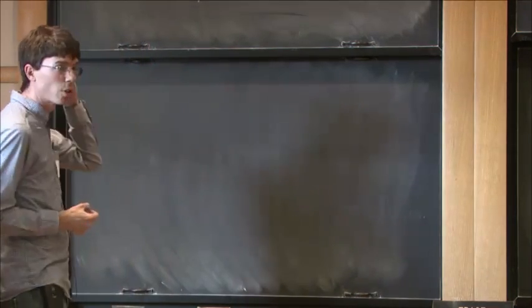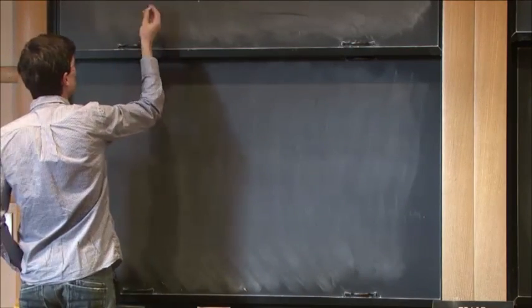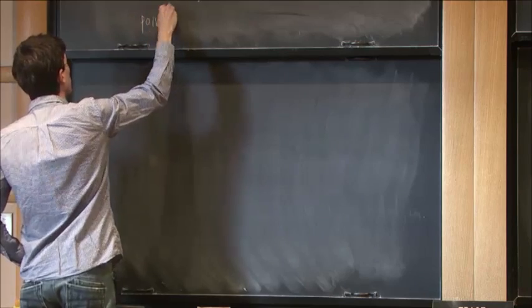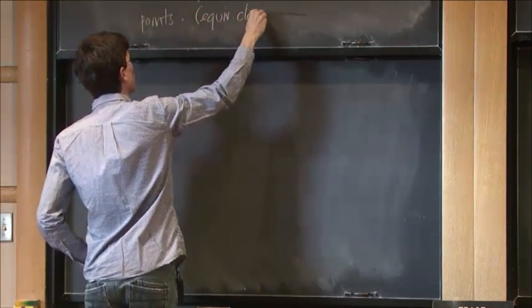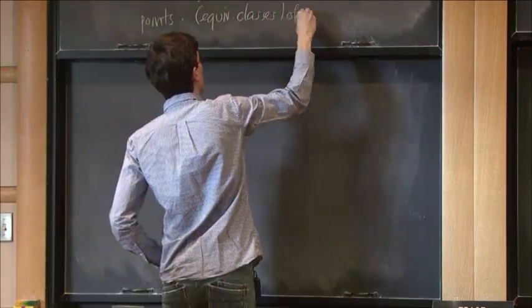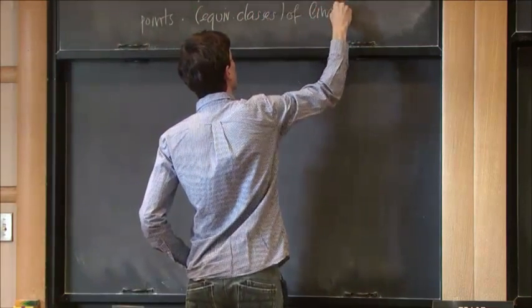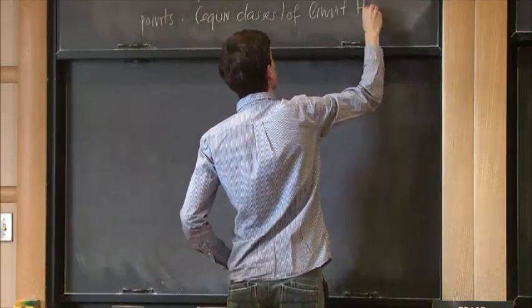Right. For the limit Hodge structure, you need. Yeah. I'll say something about that. Let me write this here just once. So the points will be equivalence classes of, in quotes, limit Hodge classes.